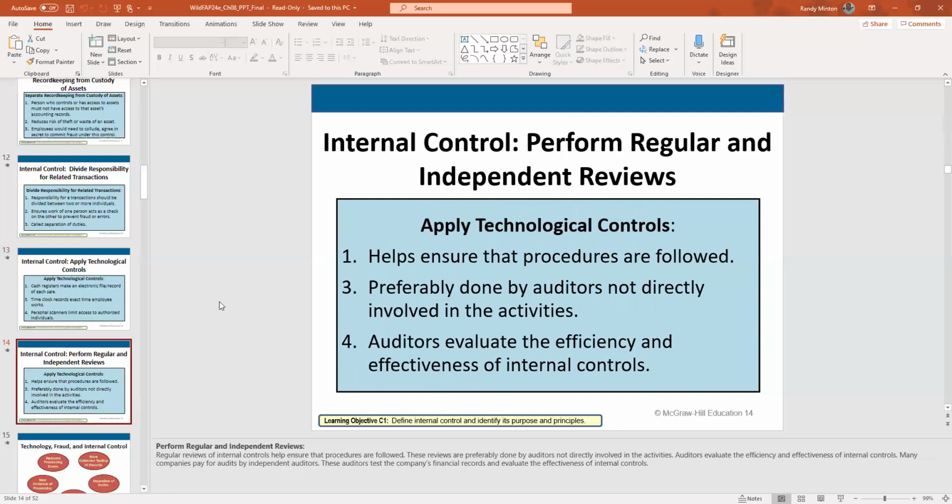Okay, again, we talked about internal controls by performing regular and independent reviews, and a lot of companies will have internal auditors, by the way. Internal auditors are kind of interesting folks because they don't report to the accounting person. In other words, they wouldn't report to the CFO.